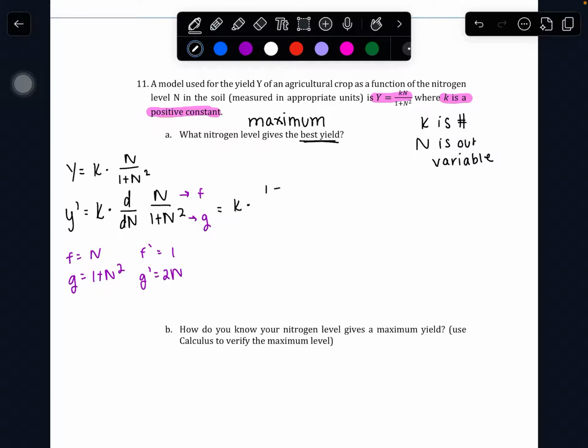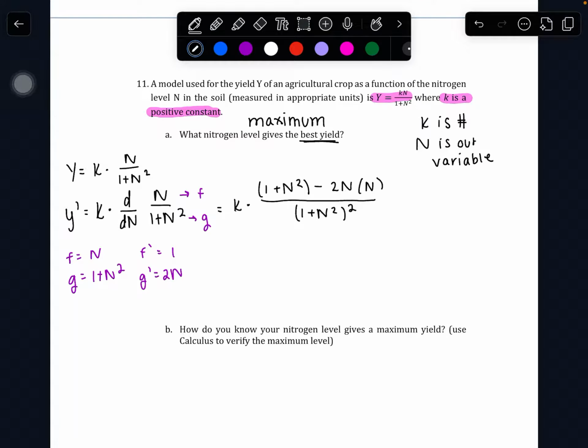It's going to look like this, minus 2n times n, all over g squared, 1 plus n squared.